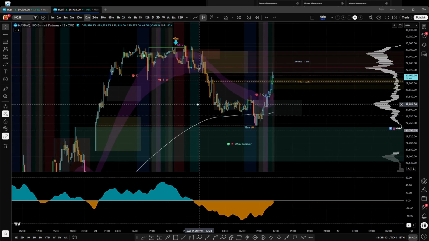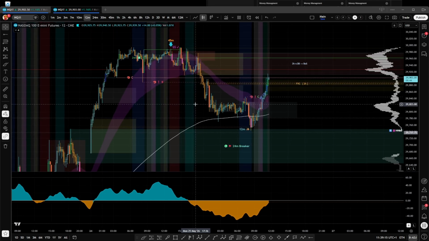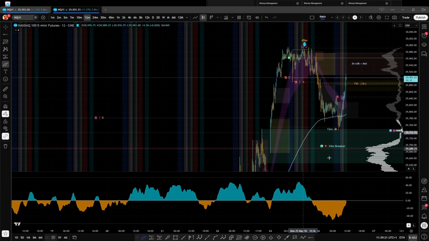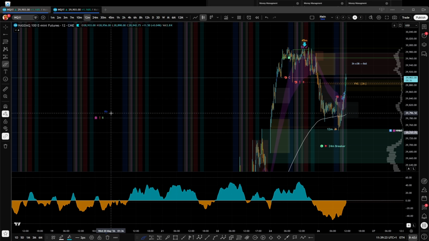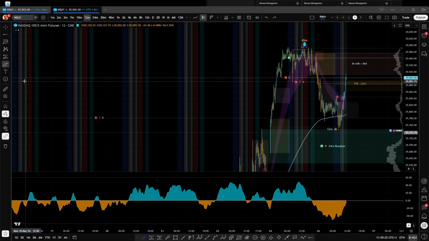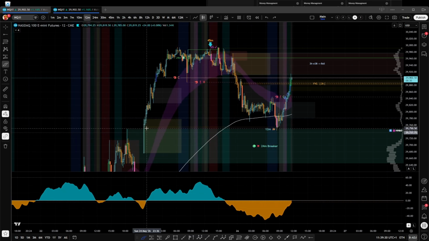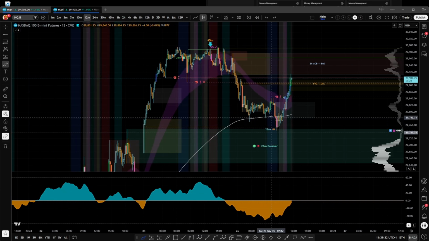So I just stick to contextual causality. Let's say this gap led to this breaker structure. If we get good enough signs above this gap, you still have to be careful, right?